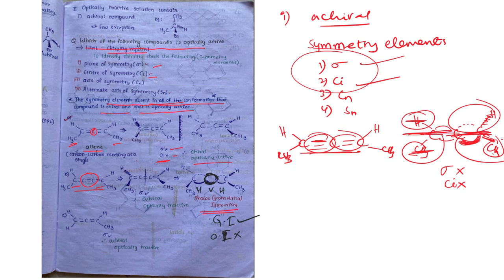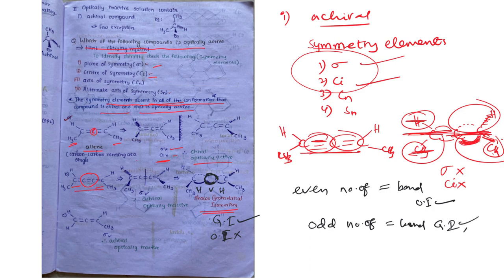Like this, a question will ask: allene shows two types of isomerism in case of an even number of double bonds. Keep in mind, when an even number of double bonds are present with different groups, it shows optical isomerism. If an odd number of double bonds are there, then geometrical isomerism is possible and optical isomerism is not possible.